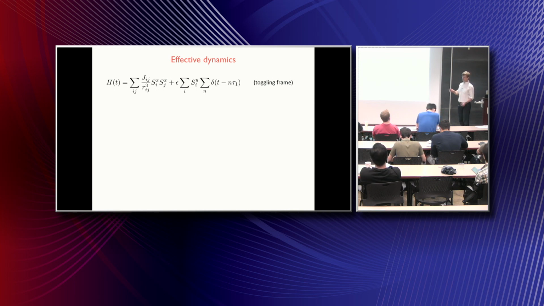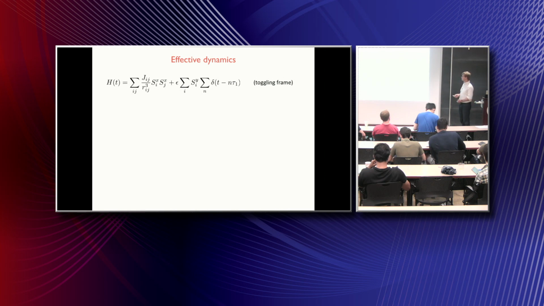So what is a toggling frame? If our pi pulses are perfect, we would just flip spins from x to minus x to x to minus x. So let's go into a frame of reference which flips with every period, so we can eliminate this trivial flip.